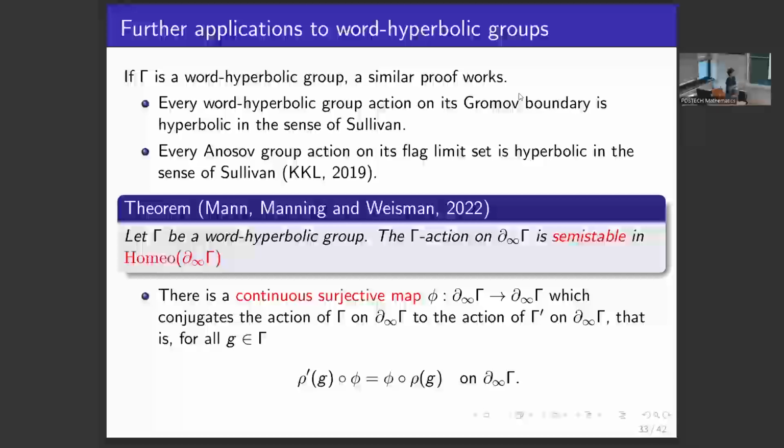Okay, but in 2022, Mann, Manning, and Weisman dropped the diffeomorphism. They proved that the boundary action of the word hyperbolic group is semi-stable in the homeomorphism group.